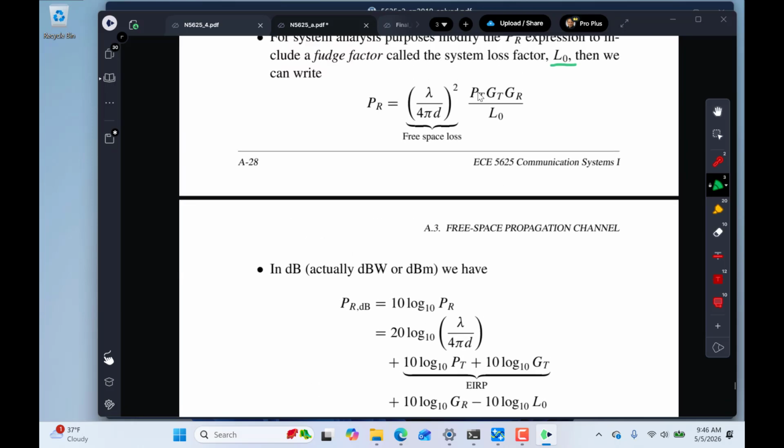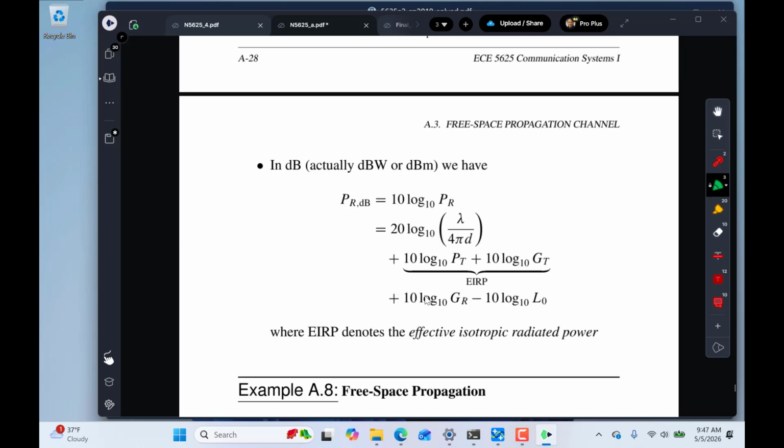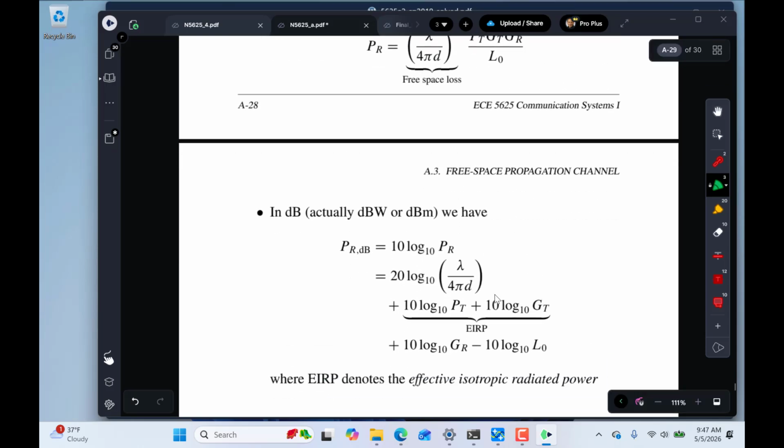The next term is the transmit power in dB, the gain of the transmit antenna in dB. That's called effective isotropic radiated power, another term from electromagnetics, but all transmitters have EIRP. And then we have the gain of the receive antenna, and then, with the minus sign, the antenna loss fudge factor. So that's going to be our received power in dB due to the signal.